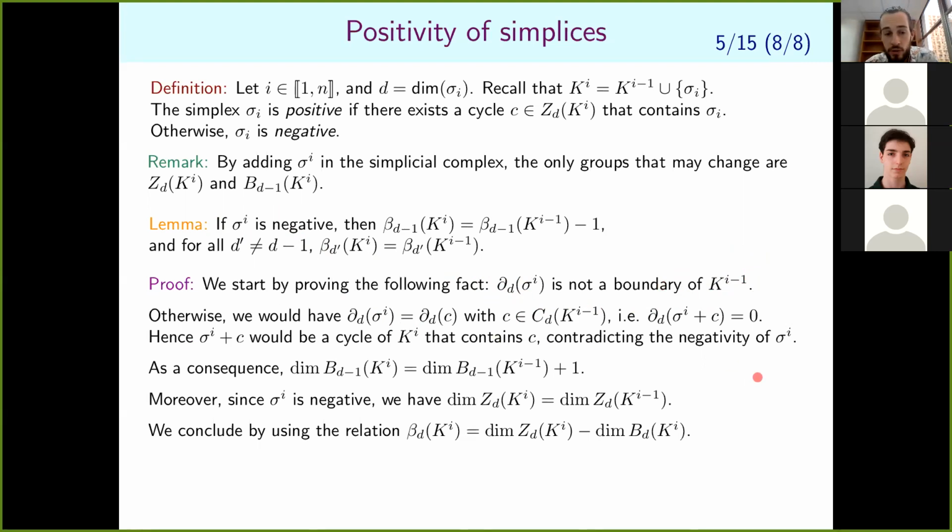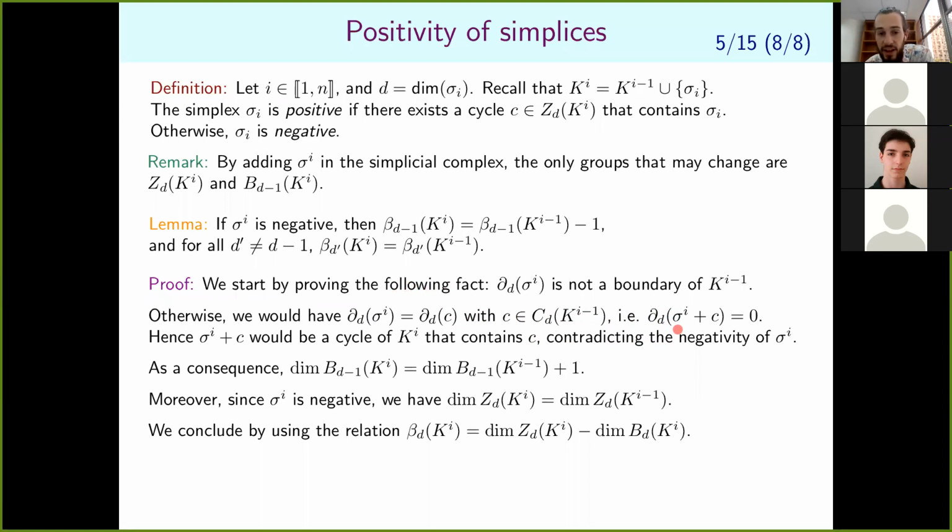To prove so, by contradiction, I suppose that I can write the boundary of my simplex as the boundary of a chain of K I minus 1. The boundary is linear, so I can do the difference here. I obtain that the boundary of sigma I plus my chain is 0.